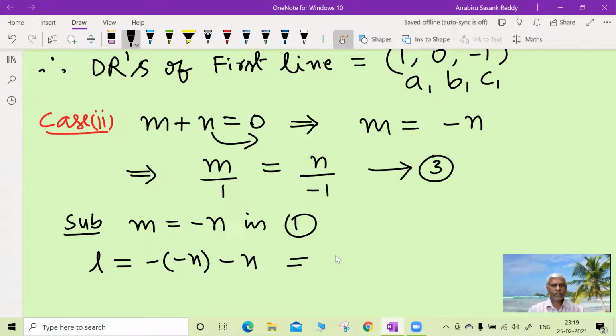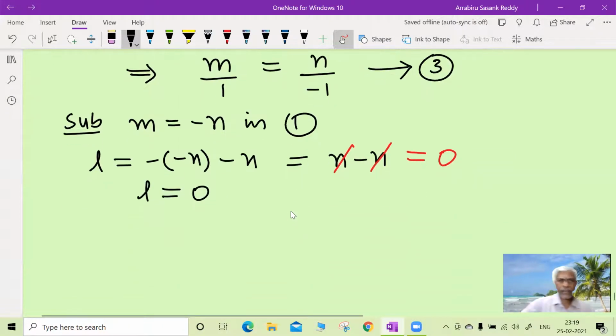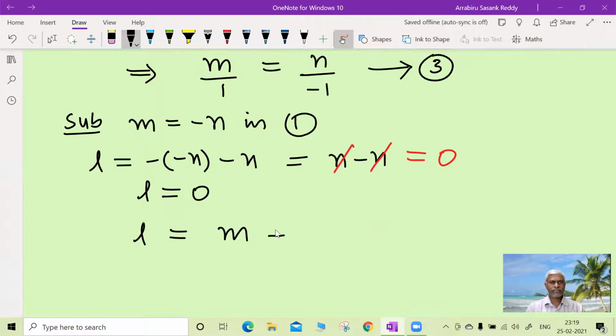Minus into minus n plus n minus n becomes 0. l value is 0, and writing the proportionate values l, m, n: n is minus 1, m is 1, l is 0.